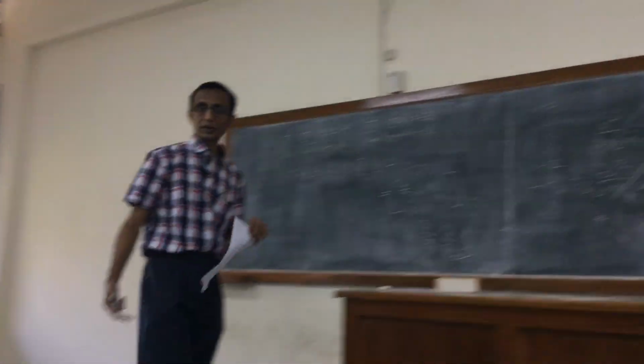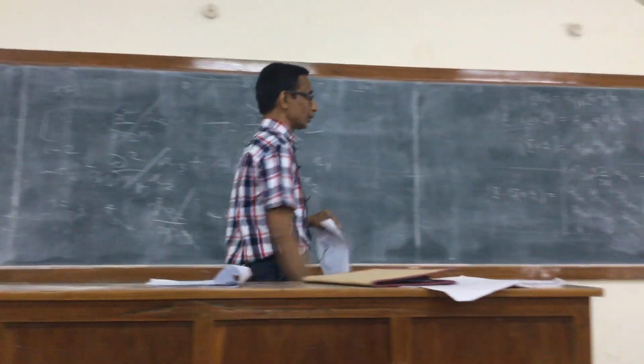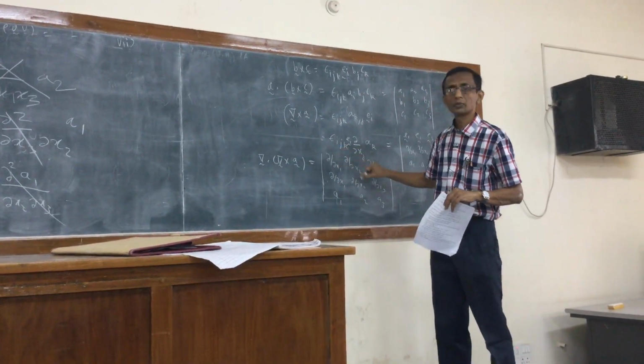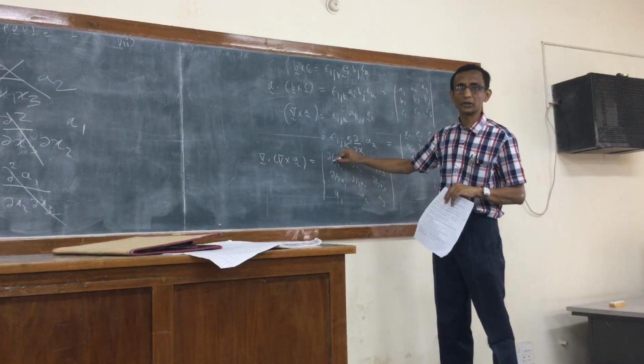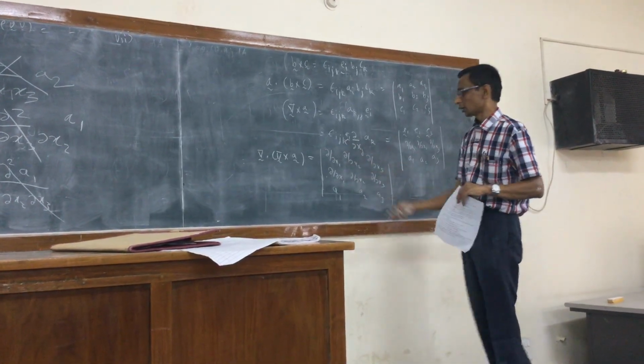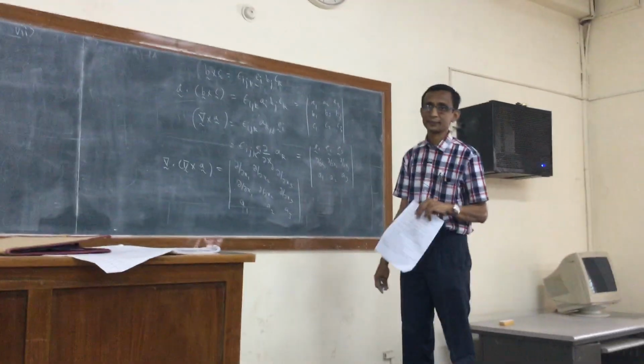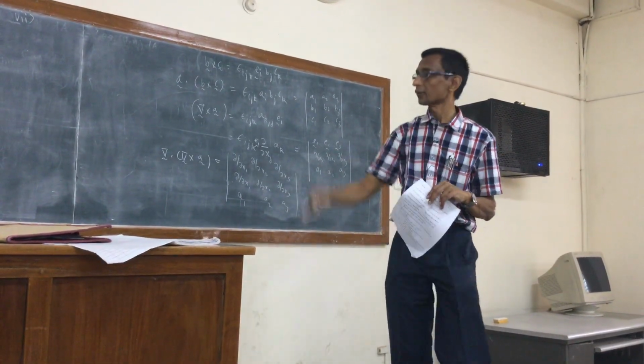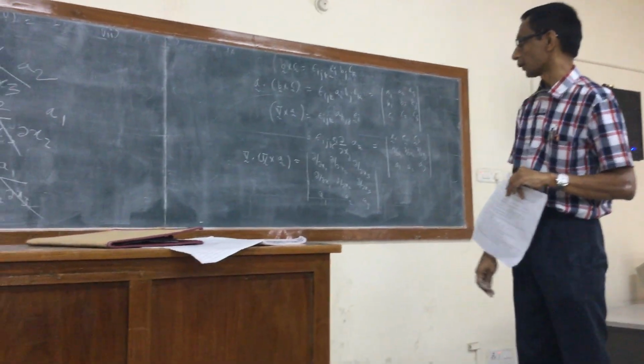So of course this one would be 0, but it is important to understand how you would write this determinant. You can easily show what this would turn out to be.